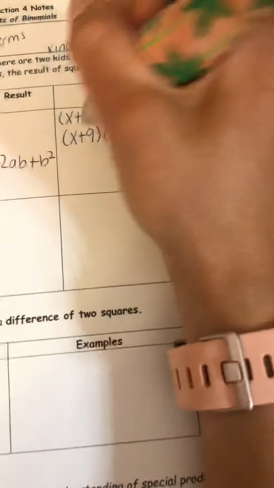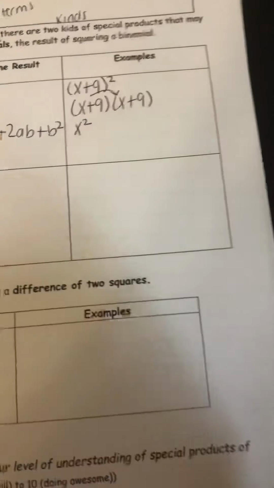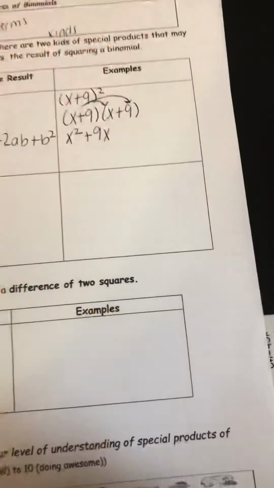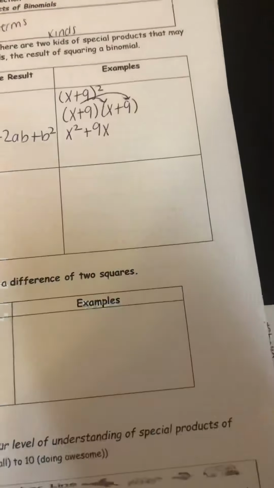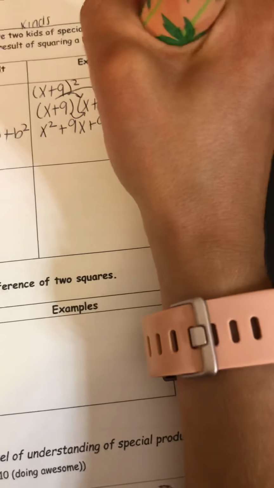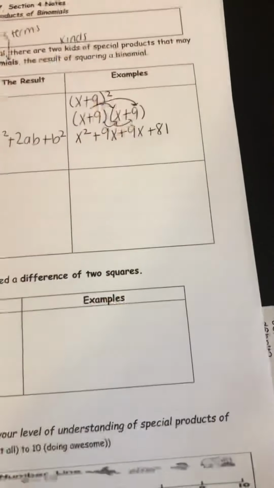And then I could FOIL. So x times x is x squared. And x times 9 is 9x. And then I got to do it again with the 9. So 9 times x is 9x. And 9 times 9 is 81.